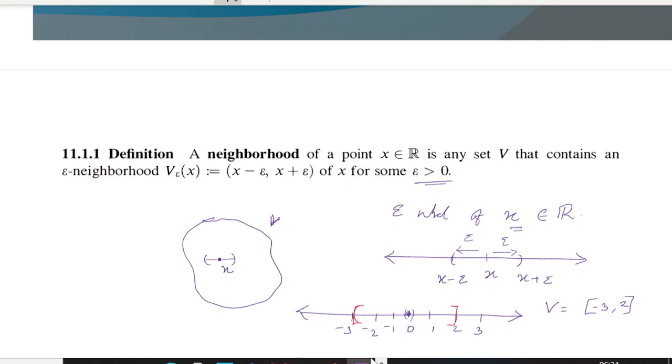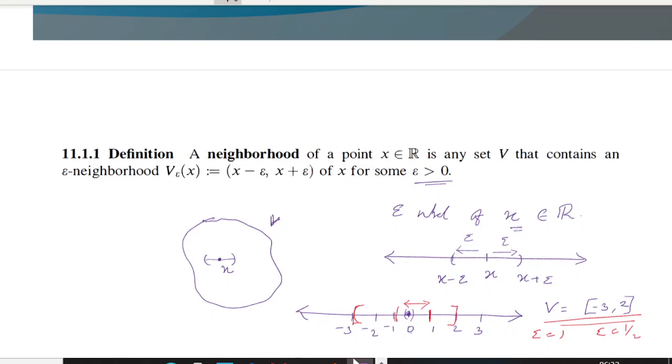So when you take this 0 and fix epsilon equal to 1, what will happen? 0 plus epsilon gives 1, and 0 minus epsilon gives minus 1. So there exists an epsilon neighborhood, right? Even if you take epsilon equal to 1 by 2, anyway you will get an epsilon neighborhood which lies completely inside your set V. So the closed interval [-3, 2] is a neighborhood of the point 0.